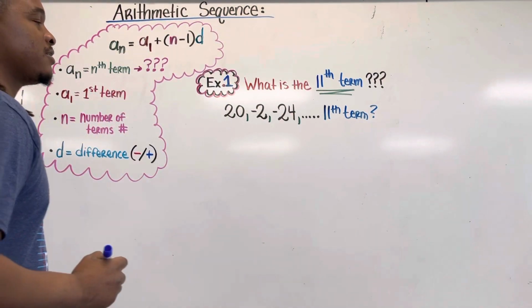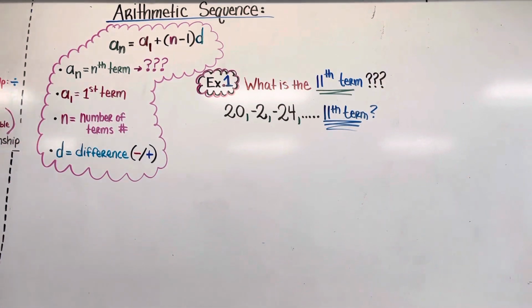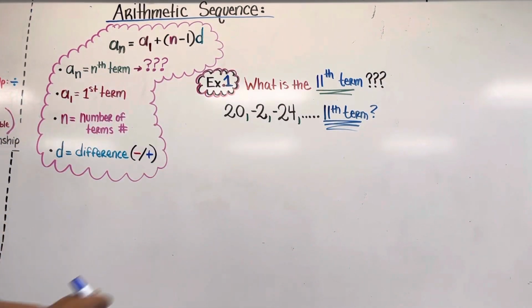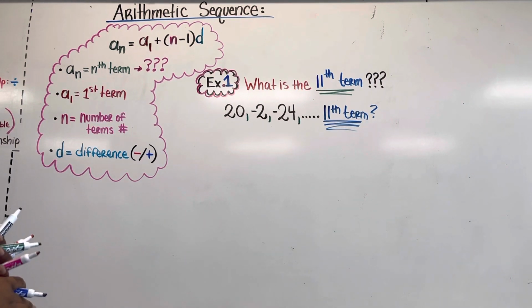So what we're going to do is identify the different parts that we can showcase, and then we're going to put those parts within the formula to actually solve for the nth term, or the 11th term in this particular case.